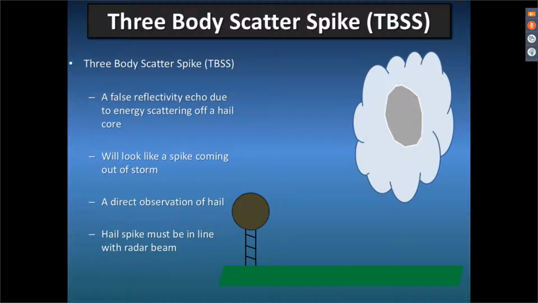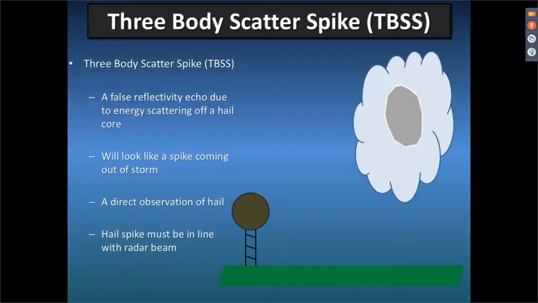And another radar signature that we look at is called the three-body scatter spike. This is basically when the energy from the radar goes out and it hits an area of large hail in the atmosphere, and the radar beam gets kind of trapped, bouncing off all those large hailstones, and it gets scattered out.